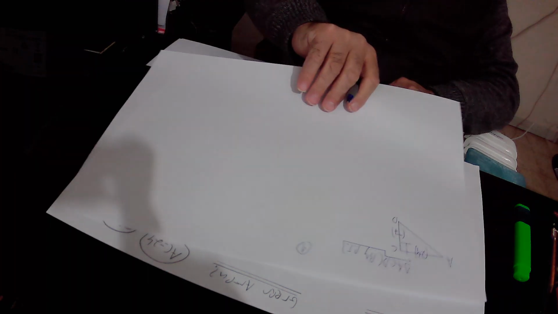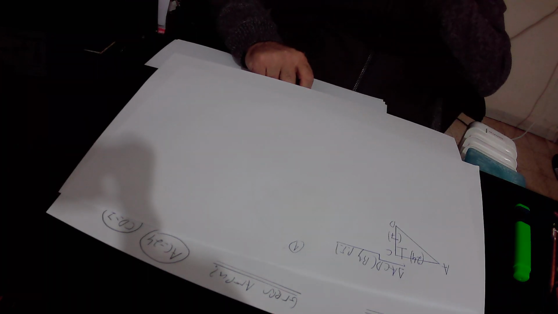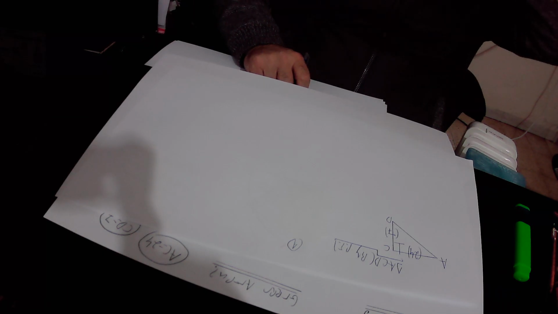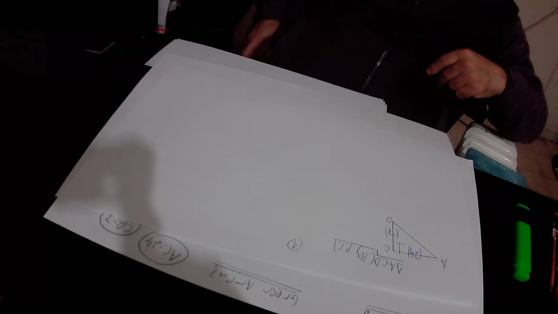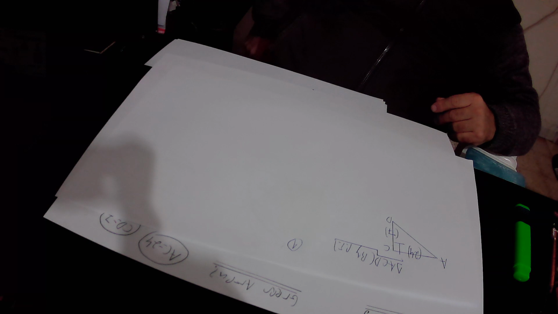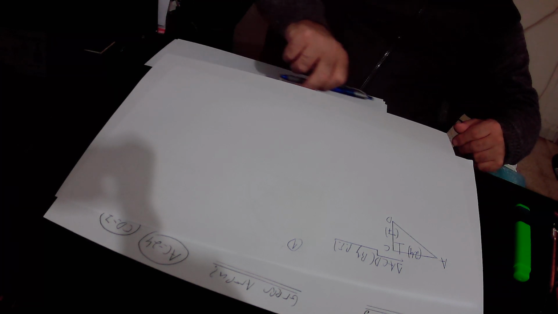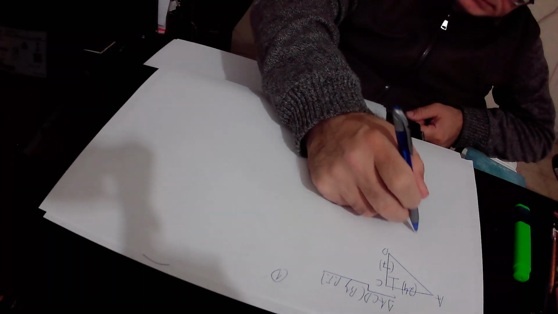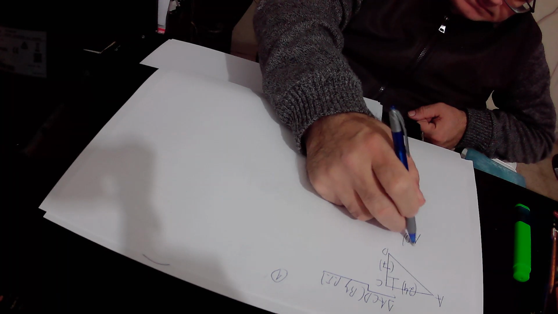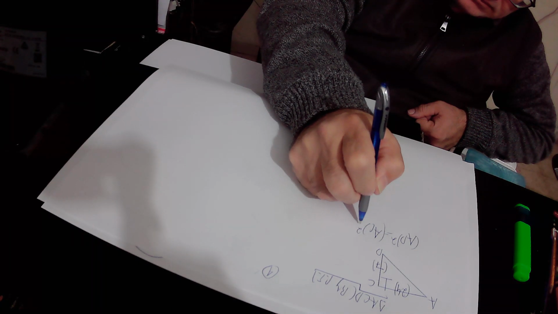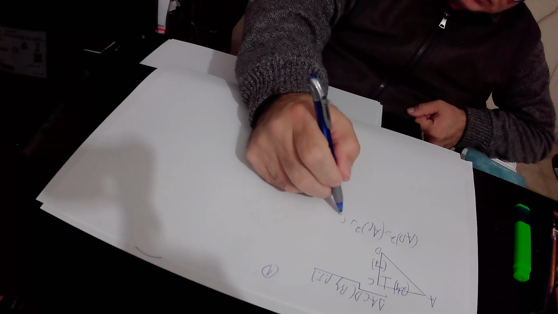Actually, this is the right triangle ACD from the original drawing. PT is the abbreviation for Pythagoras theorem. In this right triangle ACD, according to the Pythagoras theorem, AD square equals AC square plus CD square.